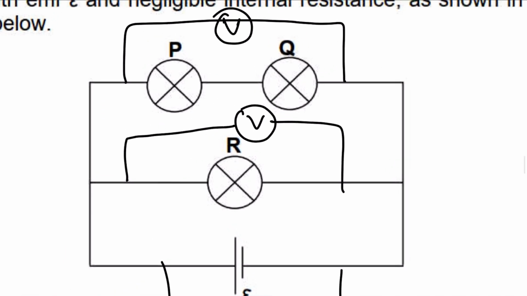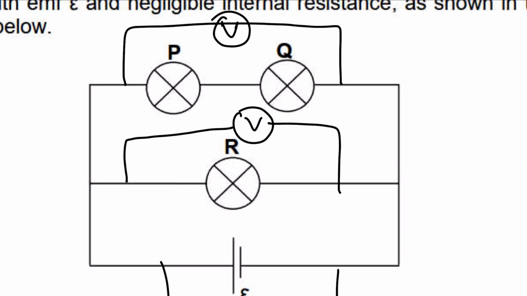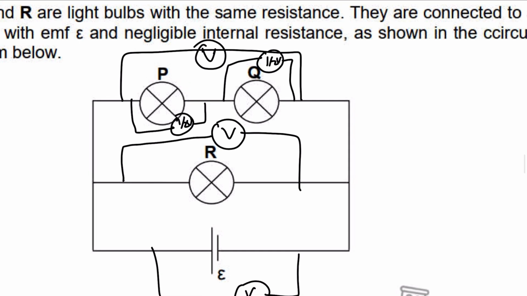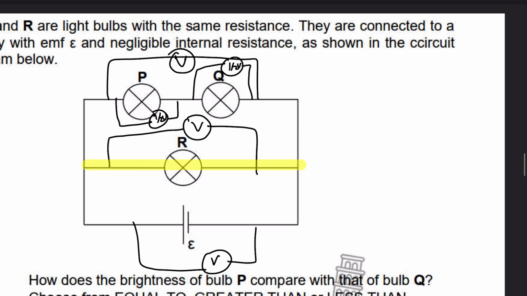But more importantly here, this bulb P is actually going to use up half the voltage, and this one here is going to use up half the voltage, right? Because it's shared. Whatever voltage is being used up by that branch is going to be shared between those two bulbs. Whereas if you look at R, bulb R doesn't have to share it among anything.